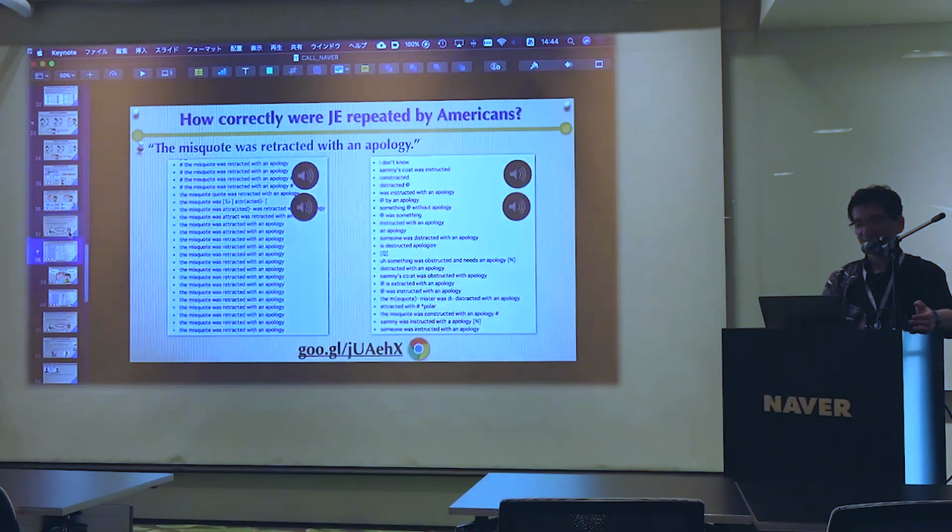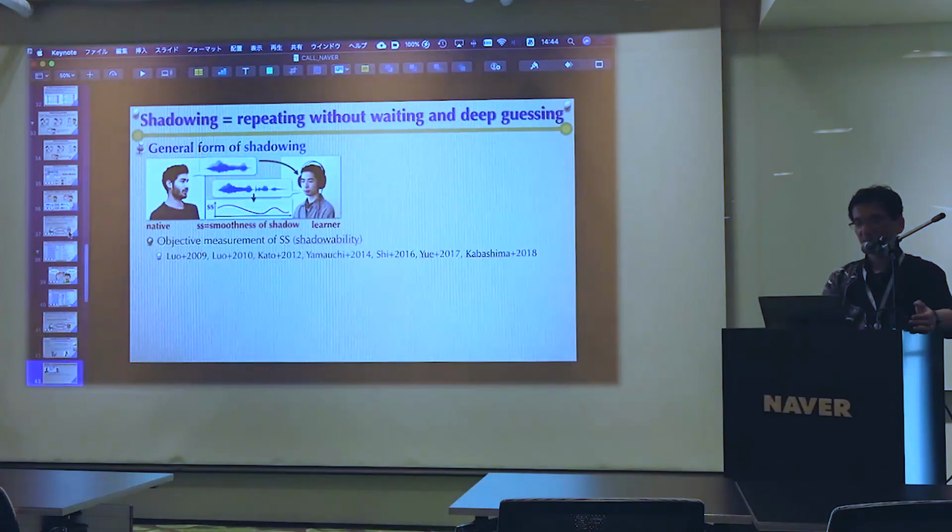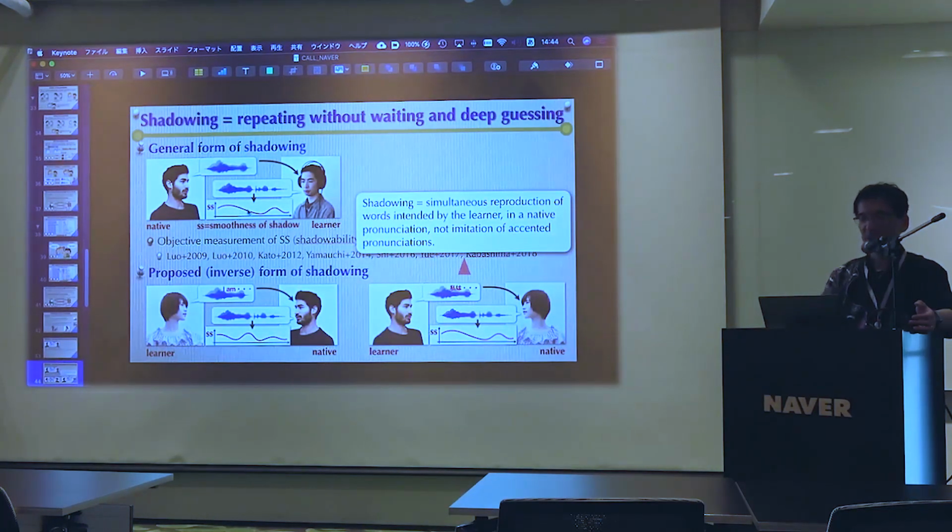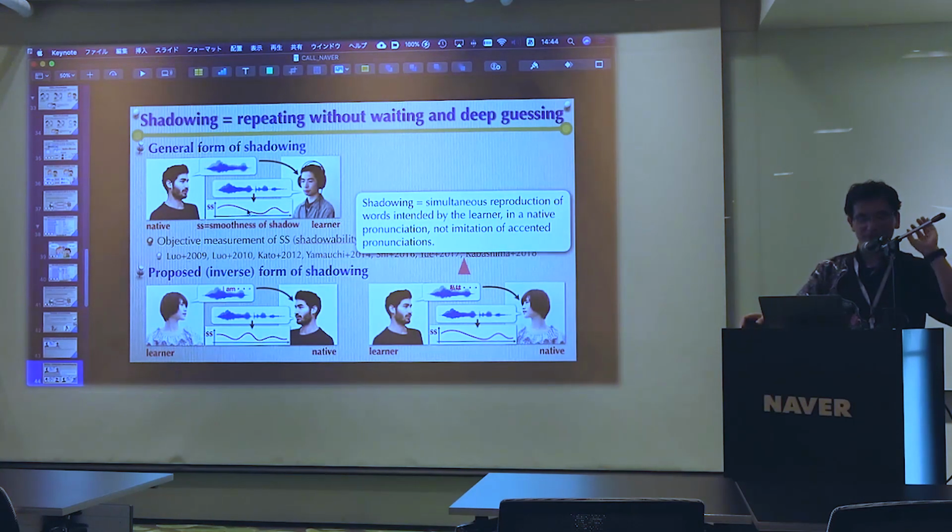By asking the listeners to shadow, we can calculate a shadowability score sequence. Then we checked similar terms used in L2 studies: intelligibility, comprehensibility, interpretability, and fluency.